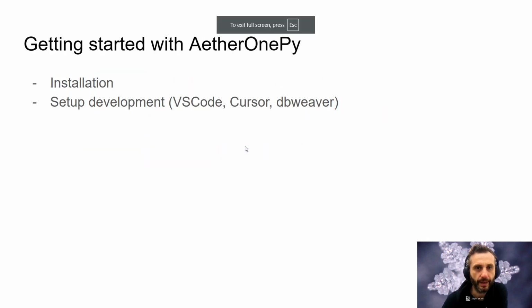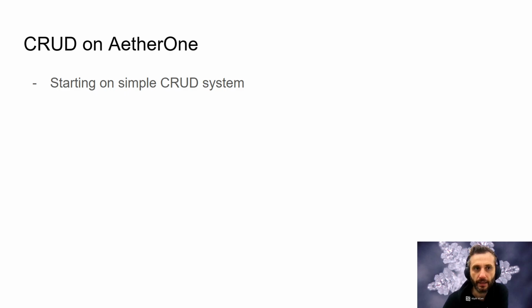And then we're going to go to the next tutorial. I will go with getting started with i81Py and setting up the development environment. Then what we're going to do is build a simple CRUD system. CRUD means create, read, update, and delete.